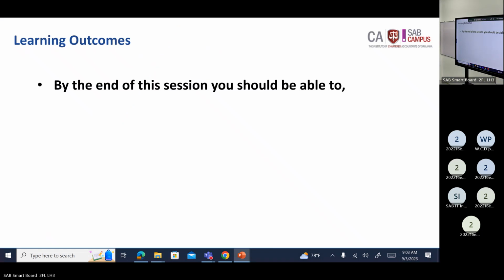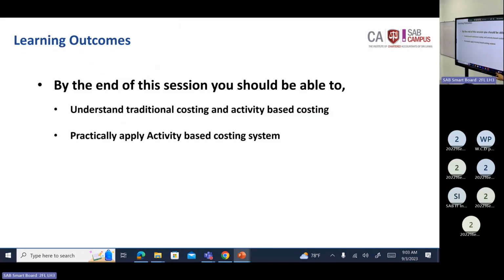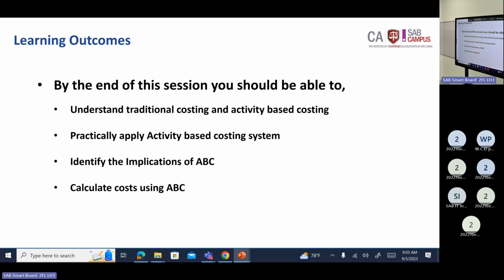So these are the learning outcomes. I have told you about these learning outcomes. These are the things that you should be able to do by the end of this session. Students should be able to understand traditional costing and activity costing, practically apply activity-based costing, identify the implications, and calculate the cost using activity-based costing.